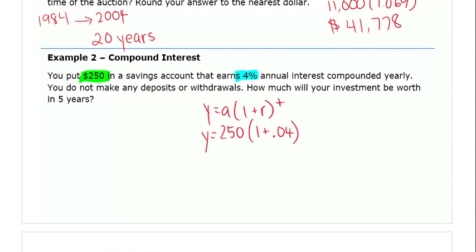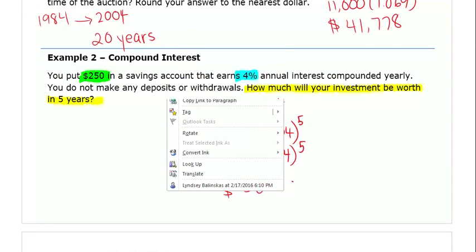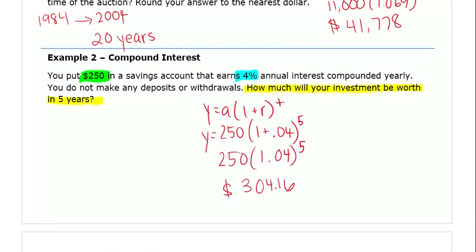But if you want to save a little bit of time, this is just saying how much will our investment be worth in 5 years, so we know that that t is going to be 5. So we would say 250 times 1.04 raised to the power of 5. We would type that into the calculator, and our answer would be $304.16.